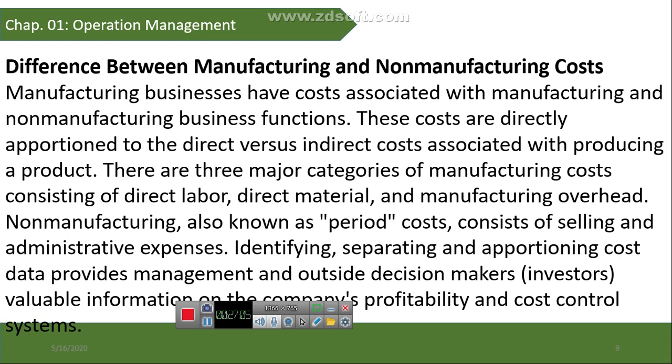Manufacturing overhead. Manufacturing overhead are costs that are not part of labor or material costs and can be either fixed or variable costs.